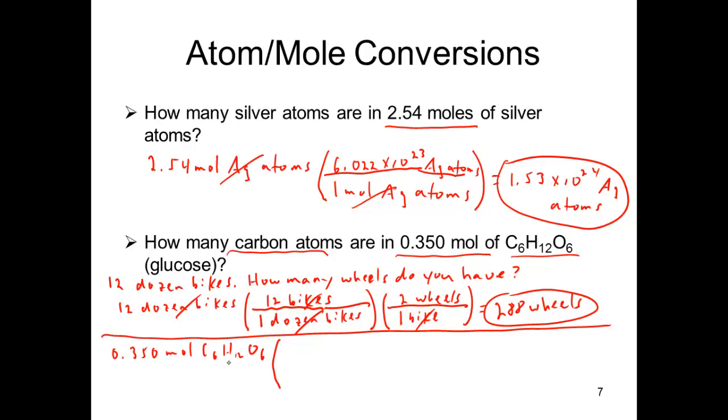So I'm going to go from moles to molecules. I know that 1 mole of glucose is 6.022 times 10 to the 23rd molecules of glucose.